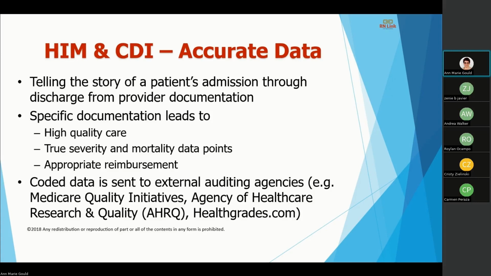So you want to make sure you capture that accurately. The accurate diagnoses are key because these claim forms, with all these diagnoses and procedure codes, are all sent to all these other auditing agencies. So it just doesn't stop after the patient is discharged from the hospital.